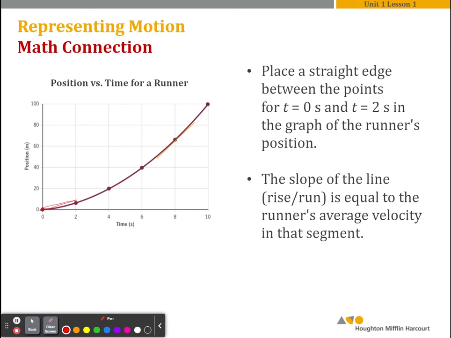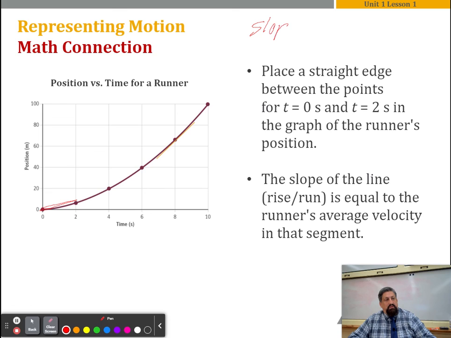Okay, the slope of this line is equal to a change in position. Remember slope, if you remember from math, slope equals change in y, the rise, over change in x, the run, rise over run. Well, y represents position, x represents time.